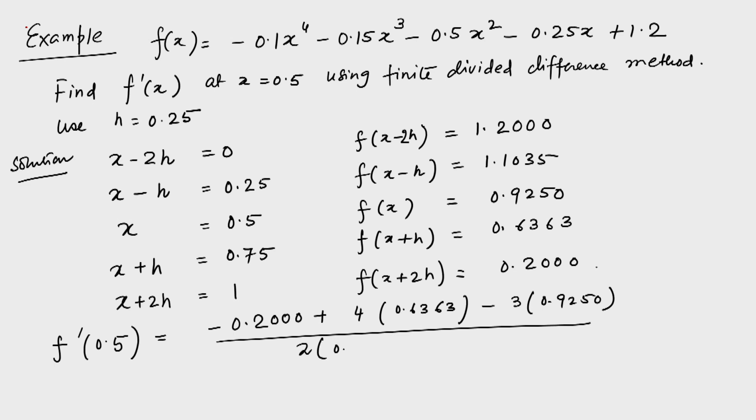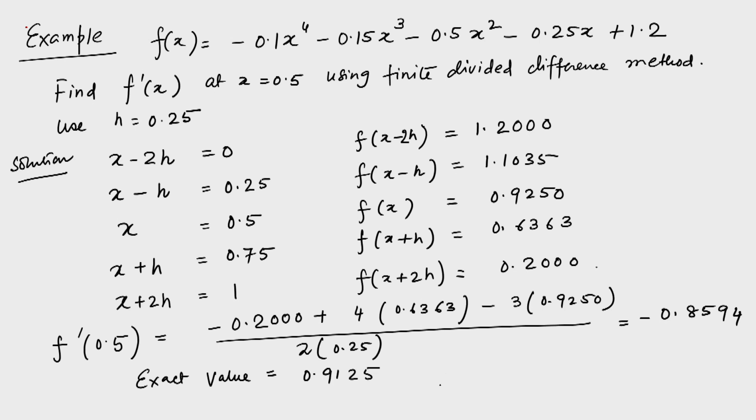So, 2 into 0.25. If you compute these correctly, then it comes out as 0.8594. The exact value you can determine because it is a 4 into 0.1 x cube polynomial; put x equal to 0.5 and so on. So, the exact value is equal to 0.9125.